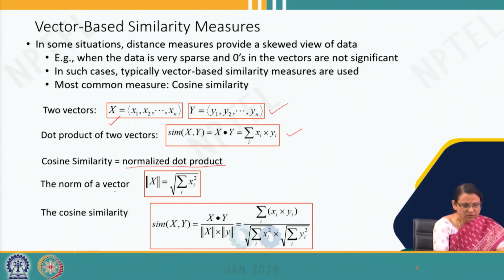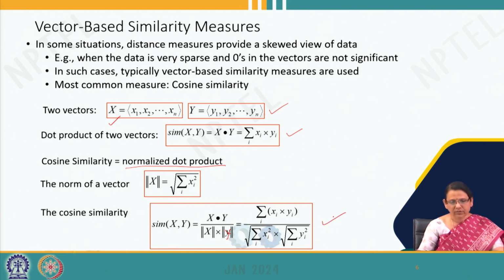When we normalize this dot product, we divide it by the norms of both x and y: the norm of x is the individual elements squared and rooted, and likewise for y. This gives you the vector based cosine similarity.